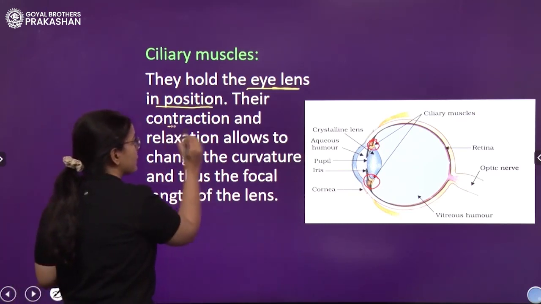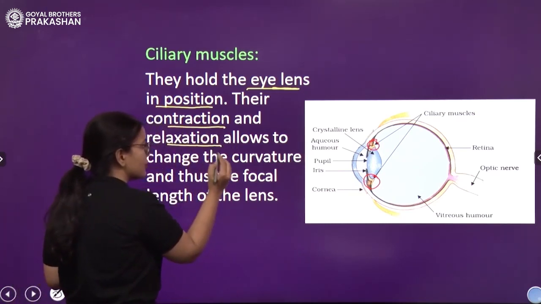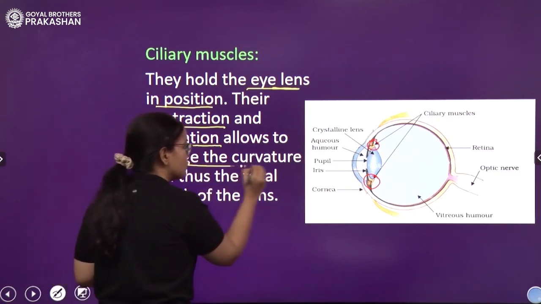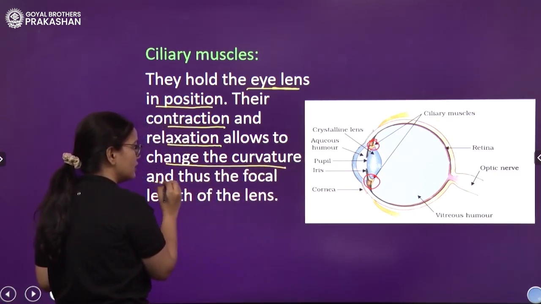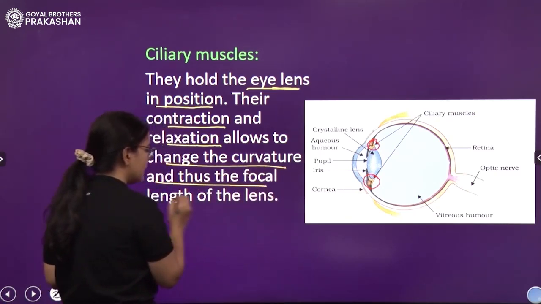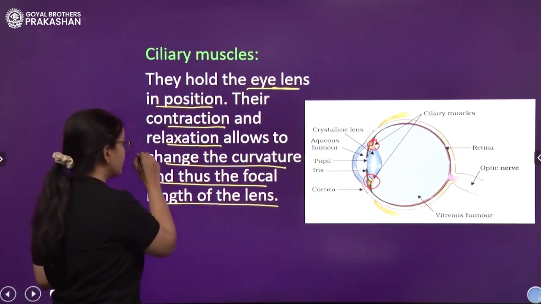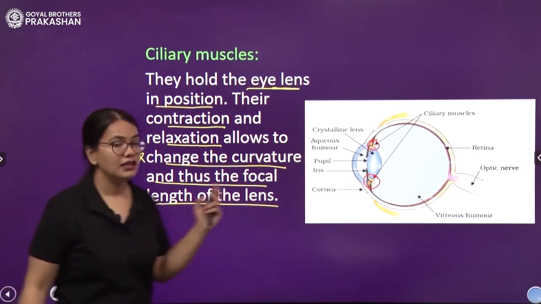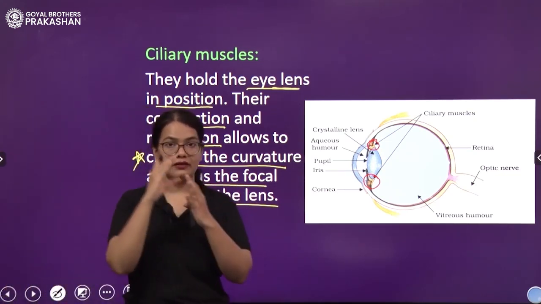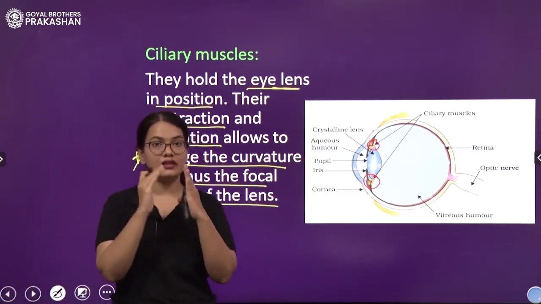Their contraction and relaxation allows the change of the curvature and thus the focal length of the lens. This is also very important. See what happens when the curvature of the lens changes.